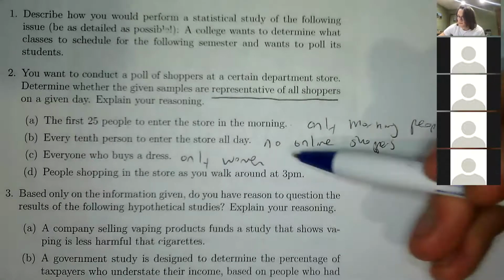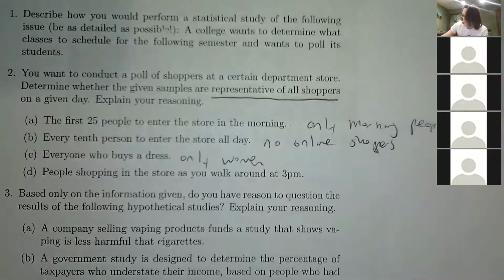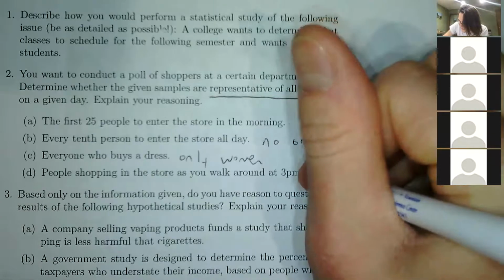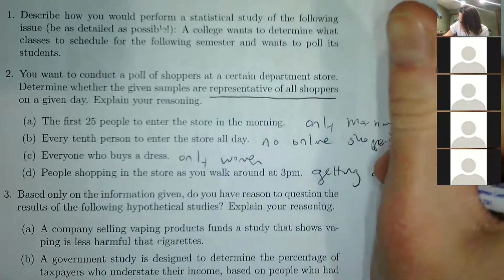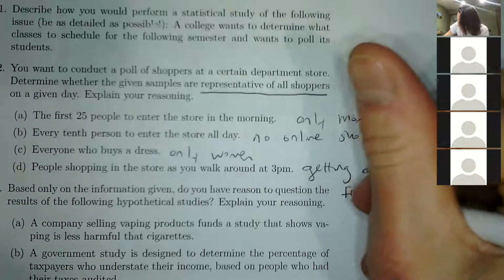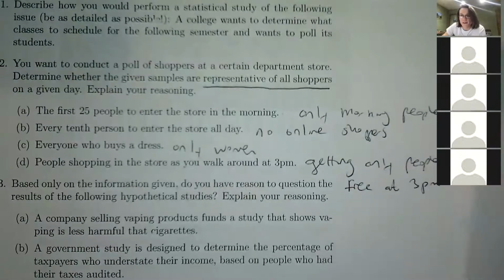So you're only getting people who are free at 3 p.m., which is certainly a subset of the population. Basically, you're working 9 to 5.